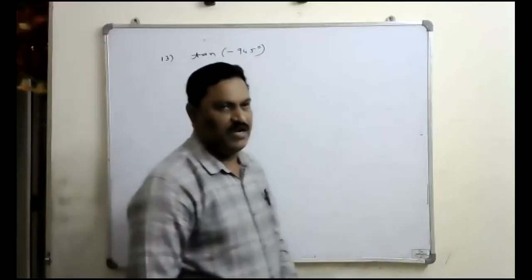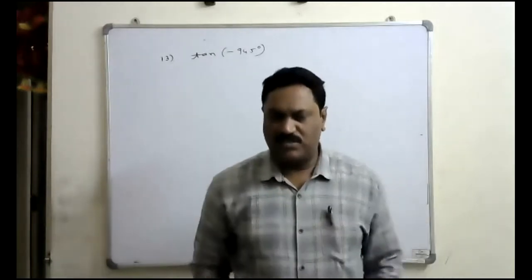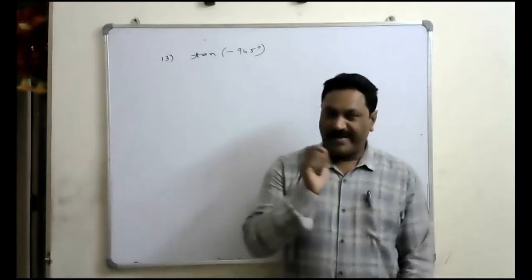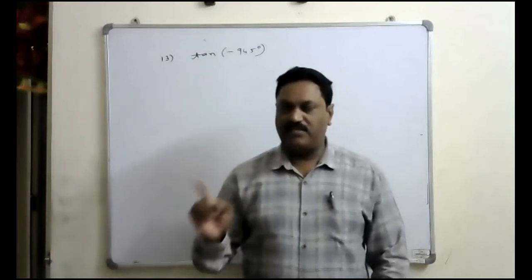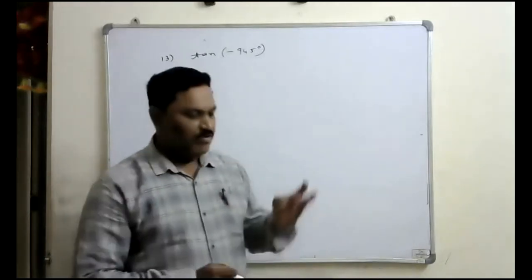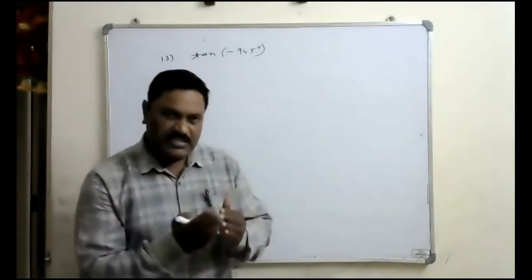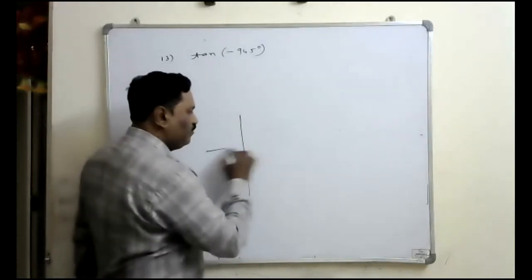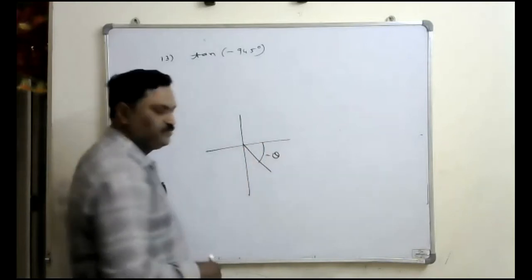So to find its value, here we know one property of the change of trigonometric ratios. There we have seen that tan of minus theta, we can write as minus tan theta. Whenever the angle has a negative sign, from sine, tan, cosecant and cot, the minus will come out, because minus theta means the angle lies in the fourth quadrant.